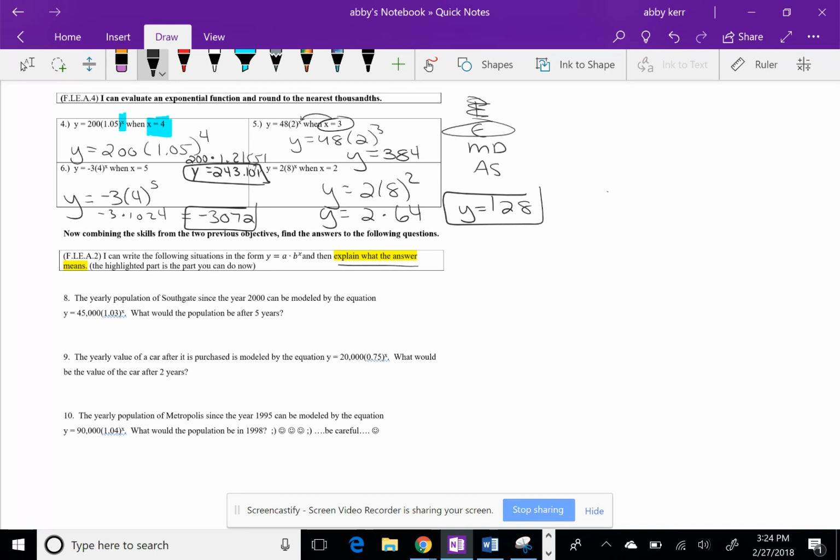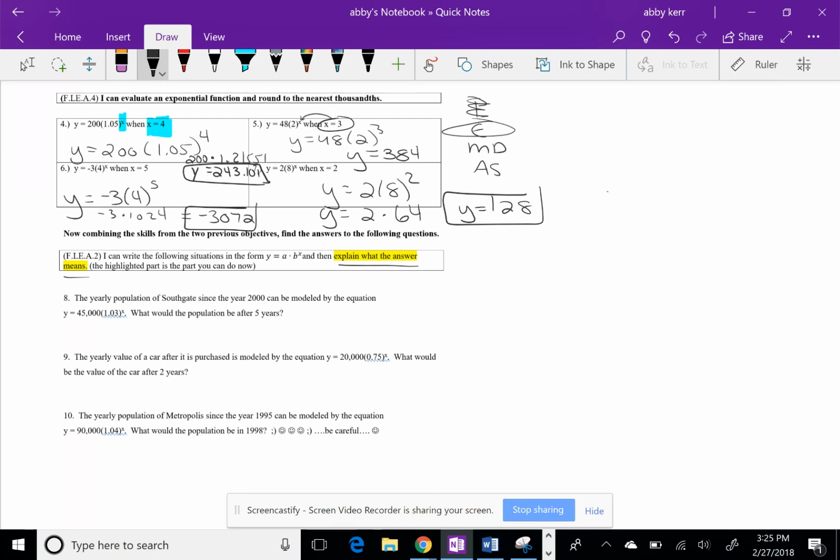So I gave you the years, and we're going to use number 4 through 7 skill and apply it to 1 through 3 skill. So what that looks like is number 8. It says the yearly population of Southgate since the year 2000 can be modeled by the equation y equals 45,000 times 1.03 raised to the x. So what would the population be after 5 years?